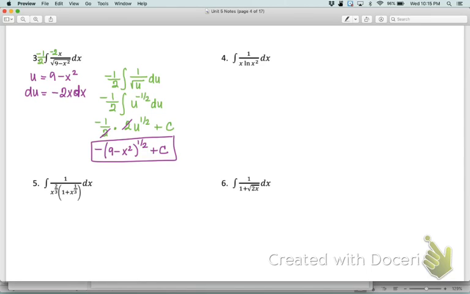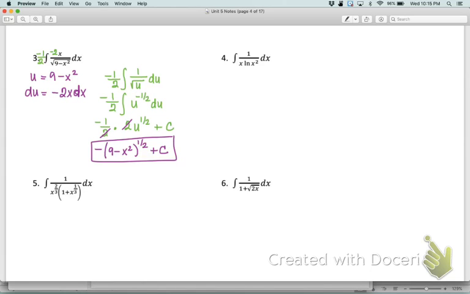So if we look at number 4, there's a couple of different options of how we could set up u. We could choose u to be the whole denominator, x natural log of x squared. But I notice that's going to have a power rule in it. So that's going to be a really complicated du, and there's no way that's going to match what I have in my integral.